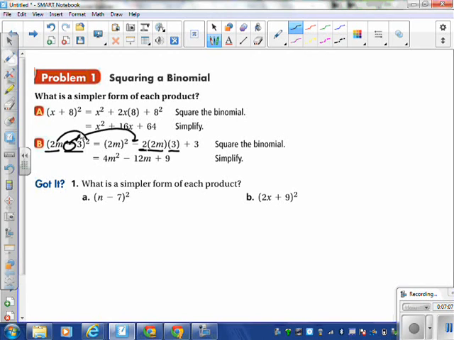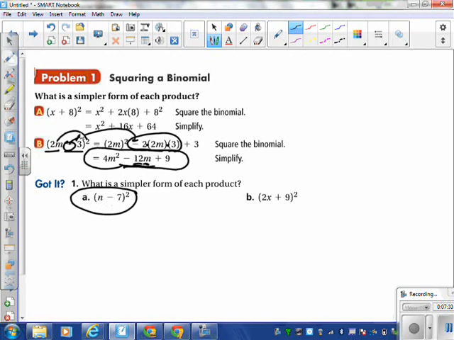When I multiply all this together, I get negative 12m. Because 2 times 2 is 4, 4 times 3 is 12, and then I just bring down the m. So the final answer would be 4m squared minus 12m plus 9.